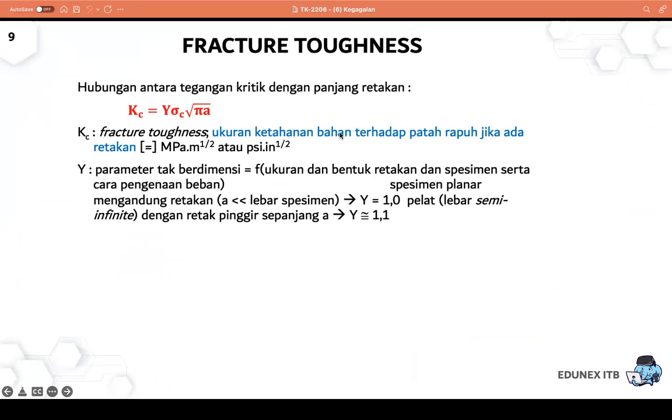Ukuran ketahanan bahan terhadap patah rapuh ketika ada retakan. So fracture toughness means, again, the resistance of a material to fracture if you already have a crack.